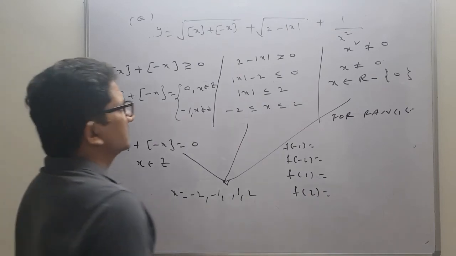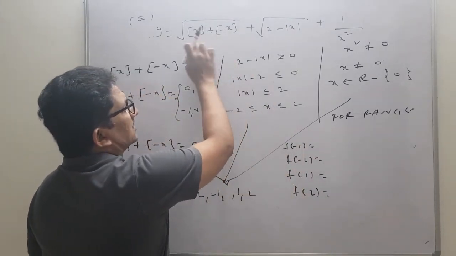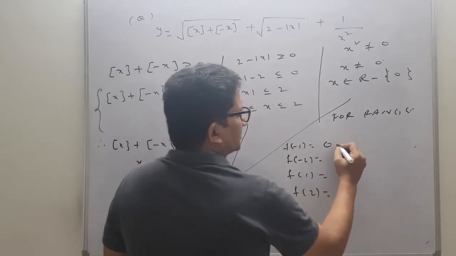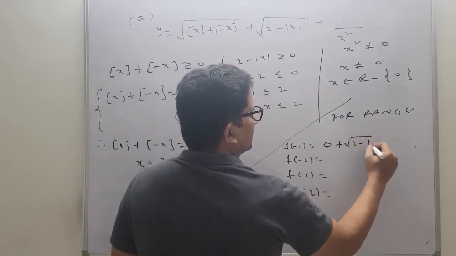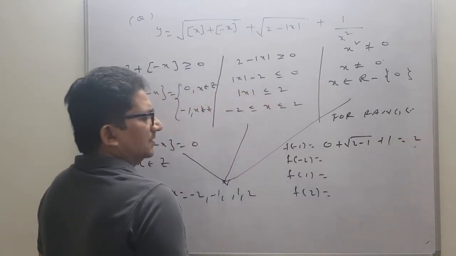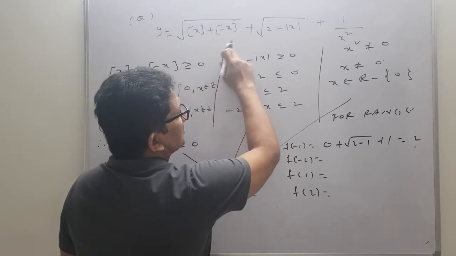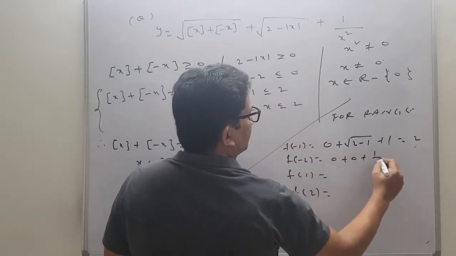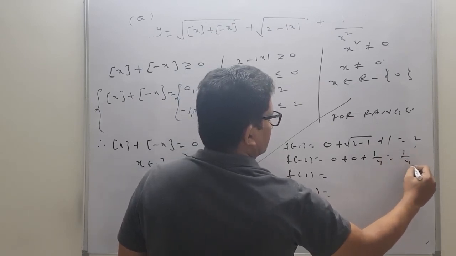So f of minus 1, if I see, means square root of, this value is anyhow 0, the condition. So plus root of 2 minus 1, plus 1. So that means what we are getting here, 2. And minus 2 if I keep here, this is 0 only. And the next part is also 0. And the next part we will get 1 by 4.